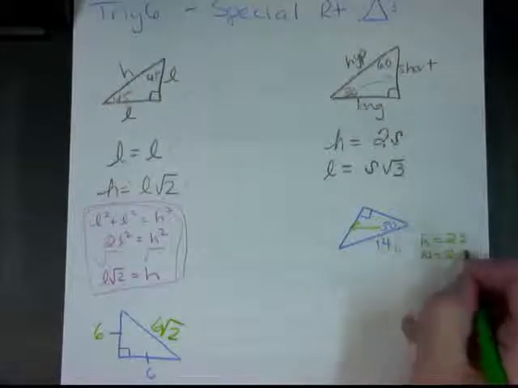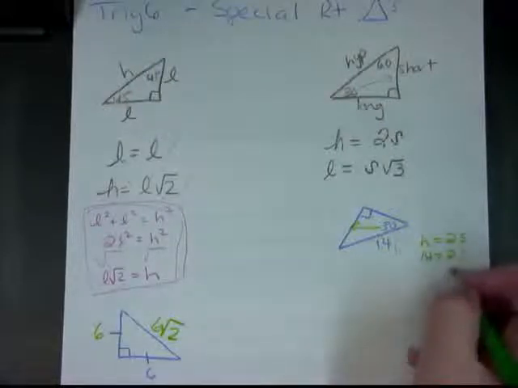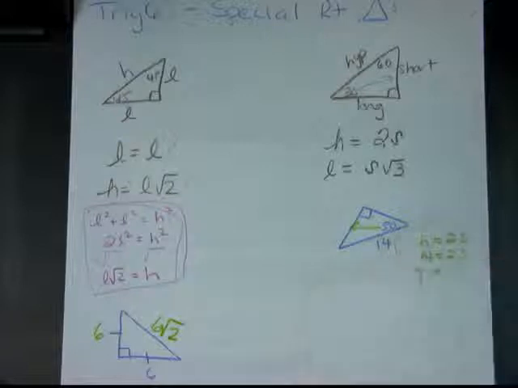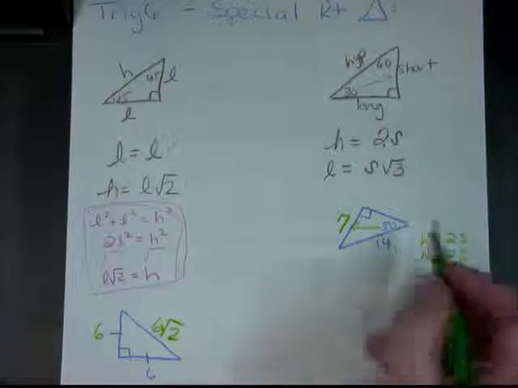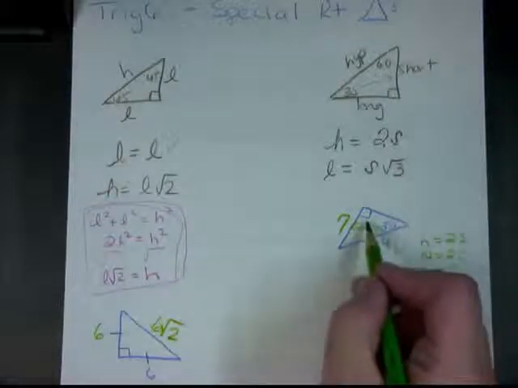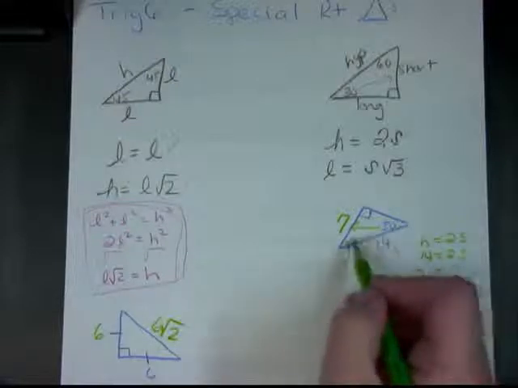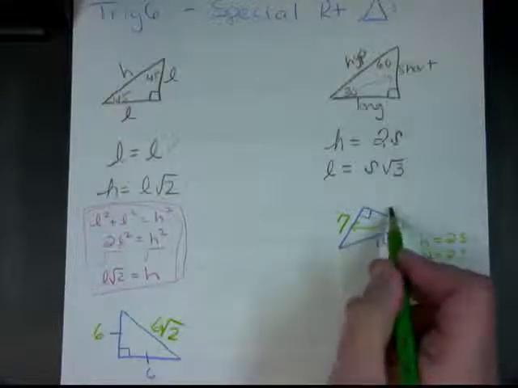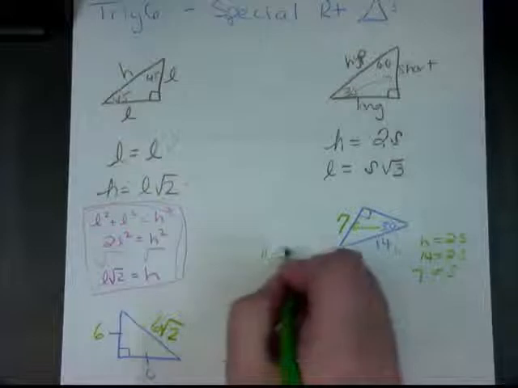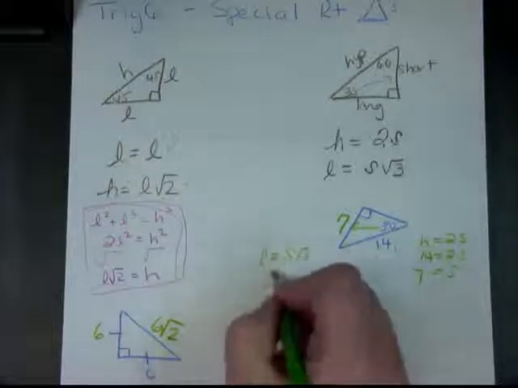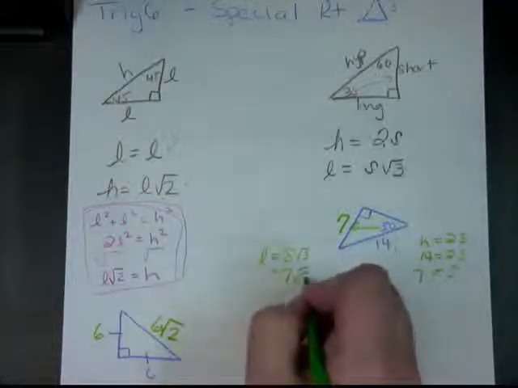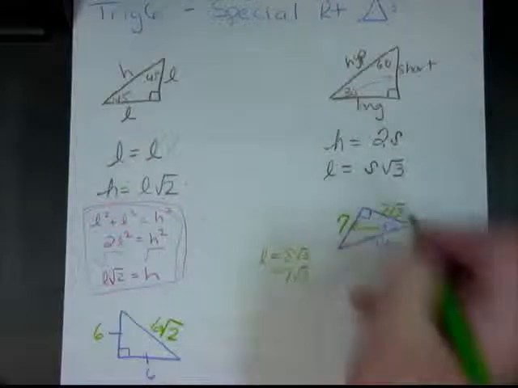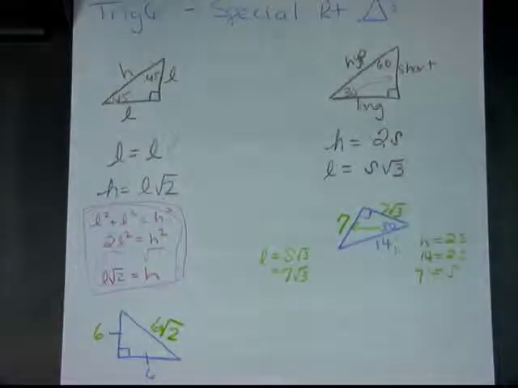So if the 14 is the hypotenuse, then the short side must be half, which is 7. Now the long side, that must be this other one, because by angle sum property, this must be the 60, which makes that the long side. The long side is the short root 3. The short side is 7. So it must be 7 root 3.